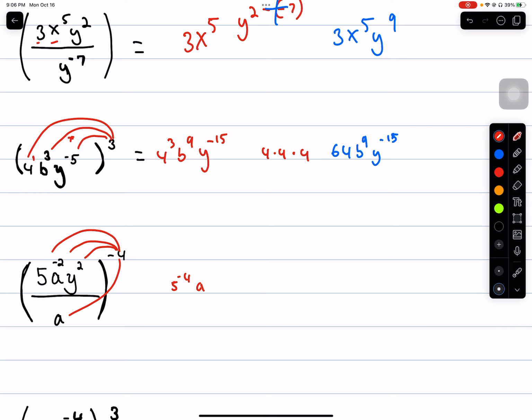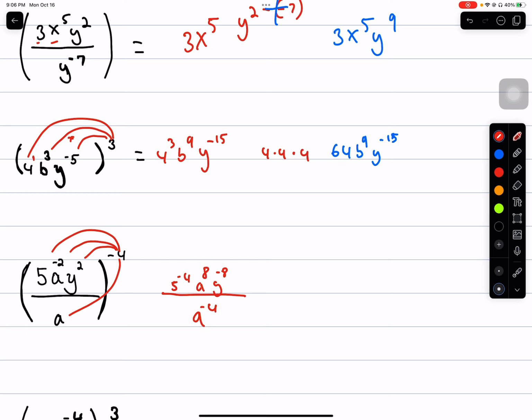It's going to give me positive 8. Y to the second, so positive 2 times negative 4. It's going to give me y to the negative 8. And then I have a to the negative 4.